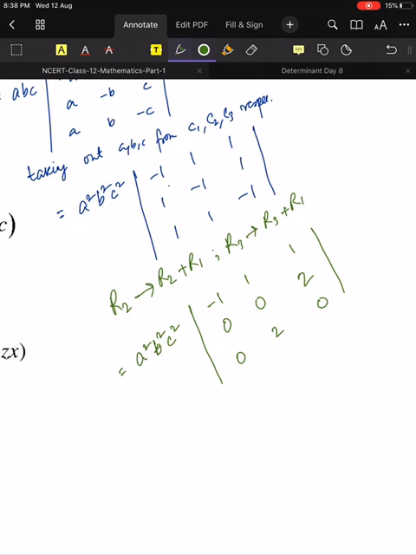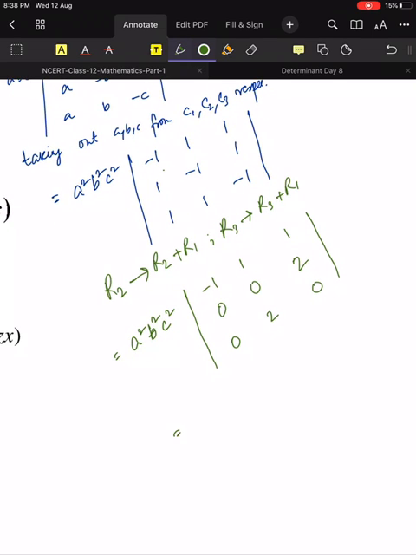Now you see 2 zeros, right? 2 zeros in column 1. Let us expand along column 1. Tell me what you get. If I expand along column 1, what do I get? I see a minus sign. Then 0, 2, 2, 0, right? So what do we get?